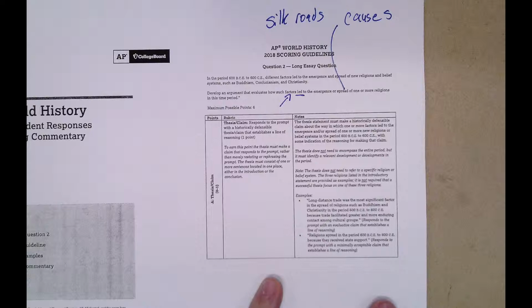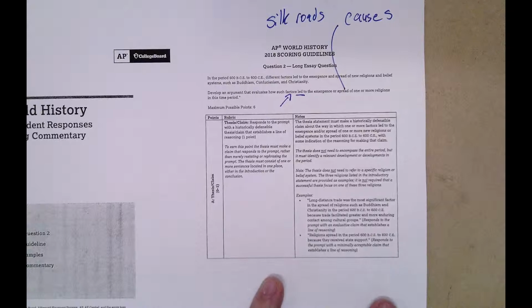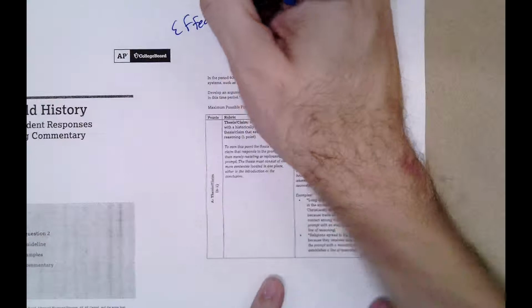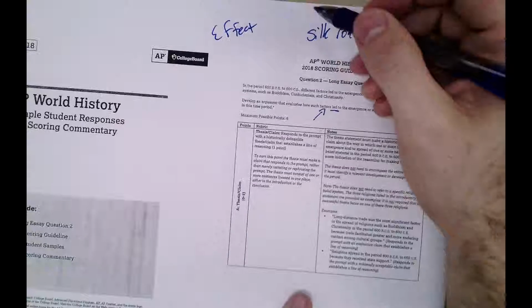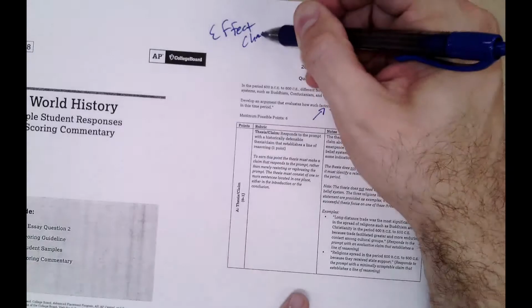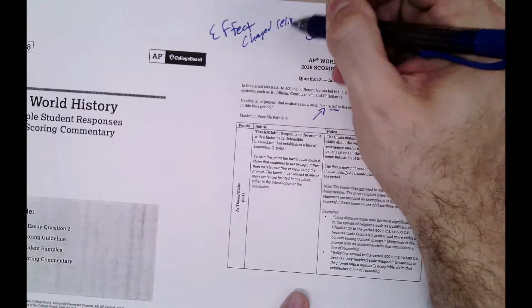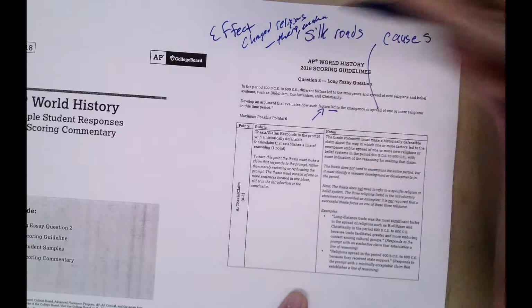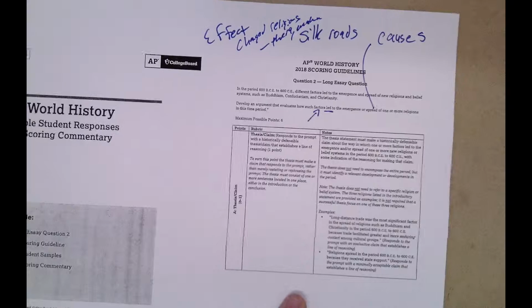An effect of the spreading of these religions is that they become more diverse within the same religion. I agree with that. And so an effect, you could write, is that it changed religions. And we can say Thera and Maha. But I wouldn't say that's a cause.